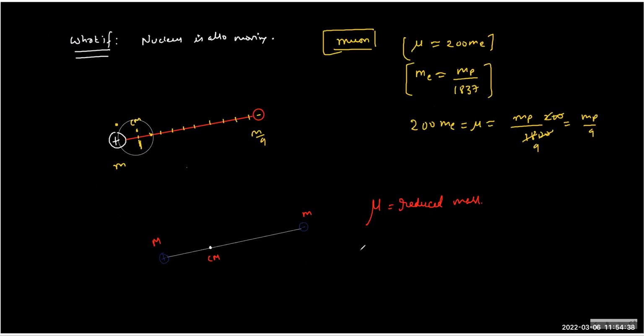So here we say R mu is proportional to mu, and R infinity is proportional to m or me, basically the mass of the electron, and therefore R mu upon R infinity is mu upon m. So you can say R mu is how much?